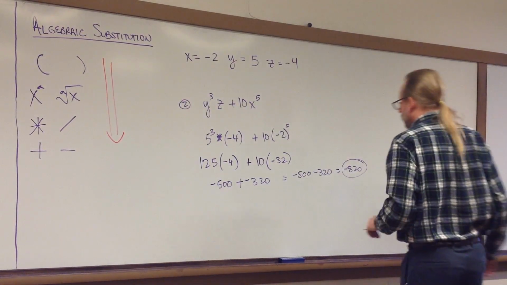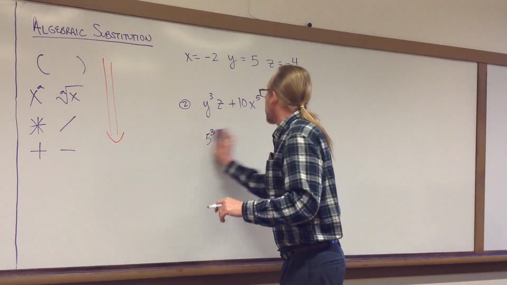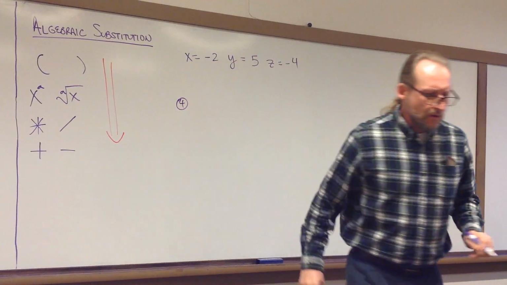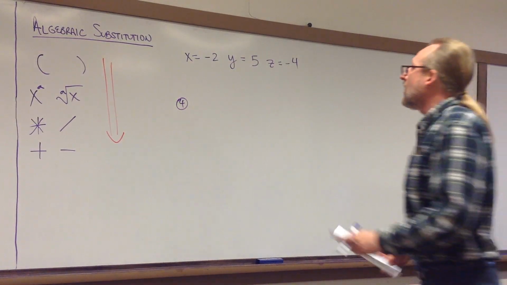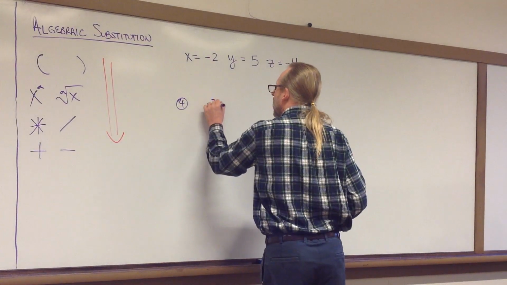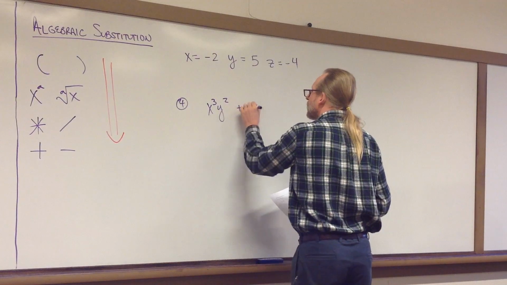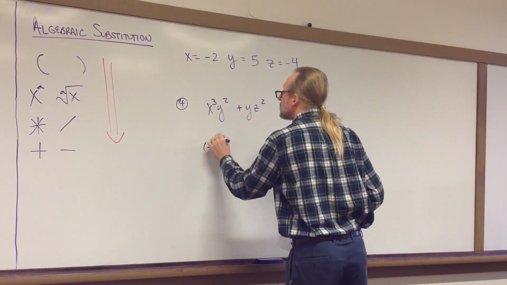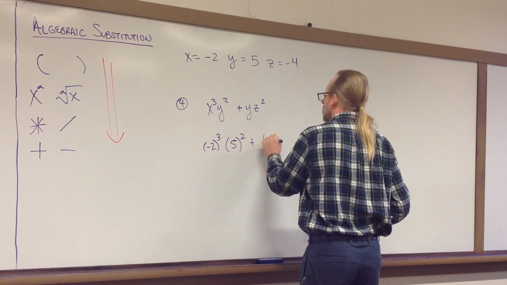Let's take a look at number 4. Number 4, x cubed y squared, and then plus yz squared.